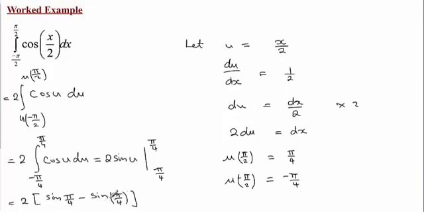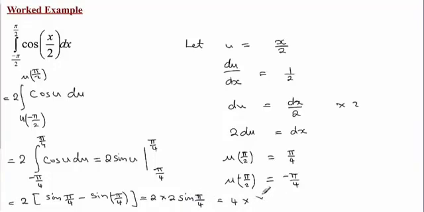Now, using our identity, we know that sine of minus x is equal to minus sine of x. So if you take this minus sign here, we're going to have plus. Then at the end of the day, we're going to have 2 sine of pi over 4. So this will be equal to 2 times 2 sine of pi over 4, and this gives us 4 times, and you know that sine of pi over 4 is a special angle.